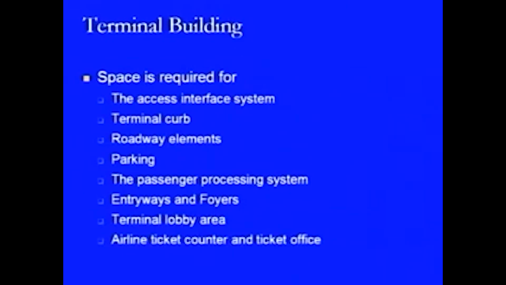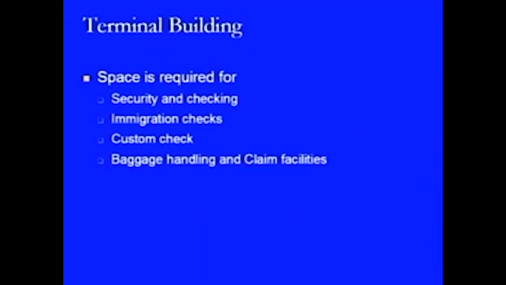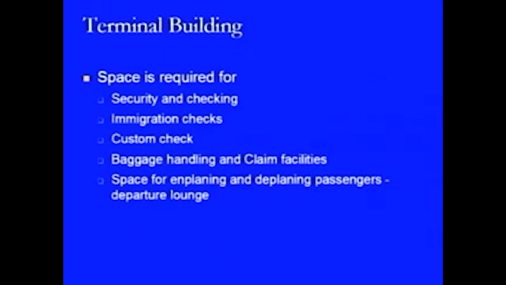the airline ticket counter and the ticket offices. Further, there are security and checking, immigration checking, the customs check, the baggage handling and claim facilities, the space for unplaning and deplaning passengers or the departure lounges, the corridors, and the intra-airport transportation systems, that is, whatever transportation systems need to be provided within the airport.